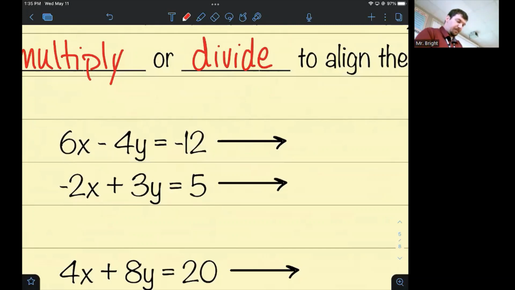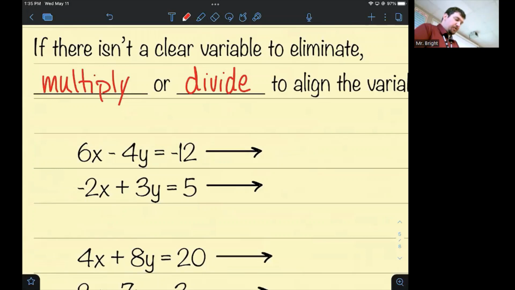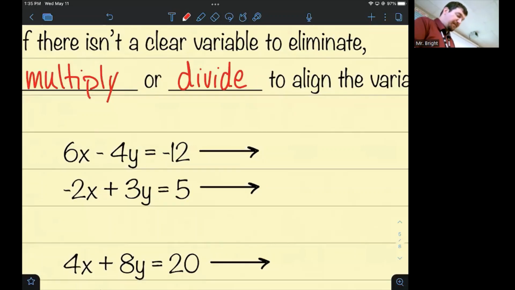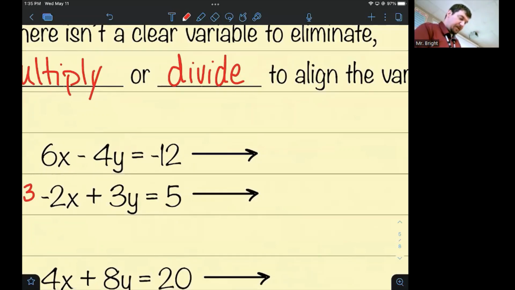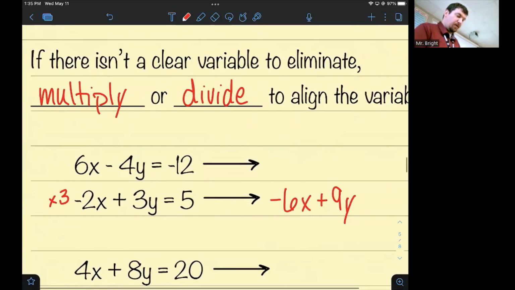For example, here the x's don't have the same or opposite coefficient. The y's don't have the same or opposite coefficient. But if I times the bottom equation by 3, I would get -6x plus 9y equals, and don't forget, you've got to do it to the other side, 15.